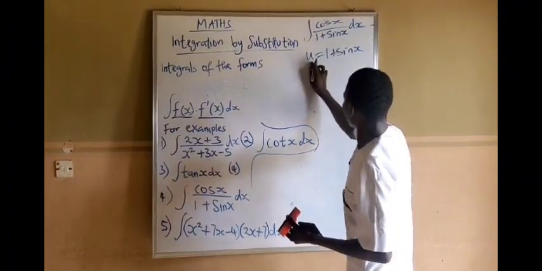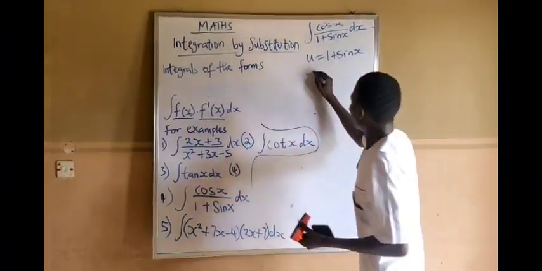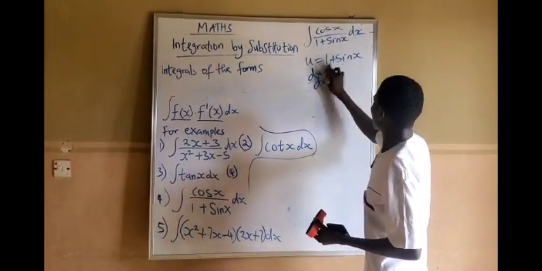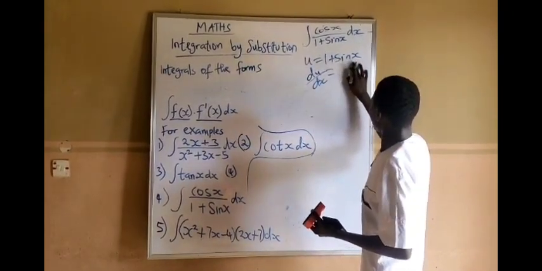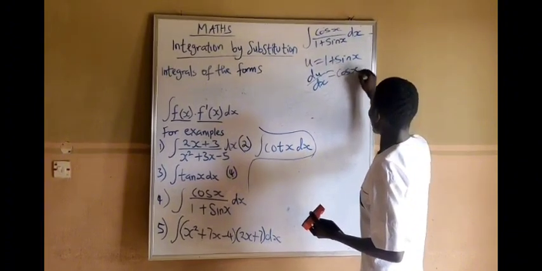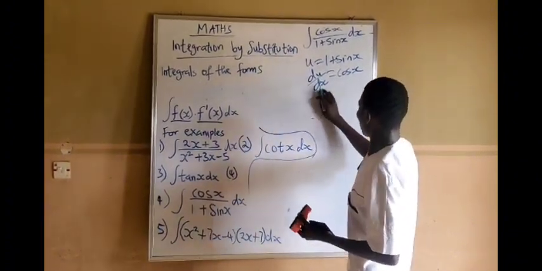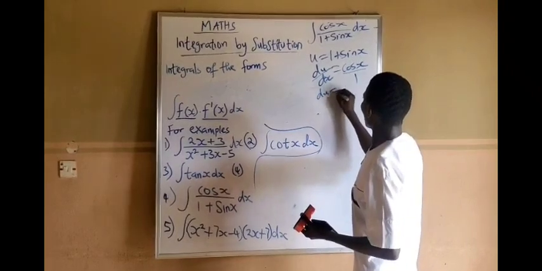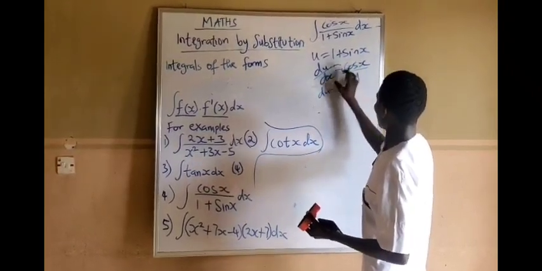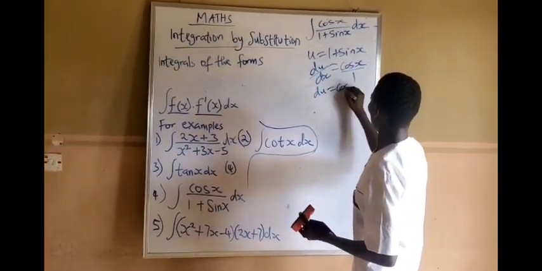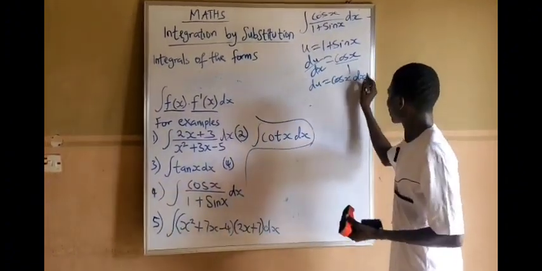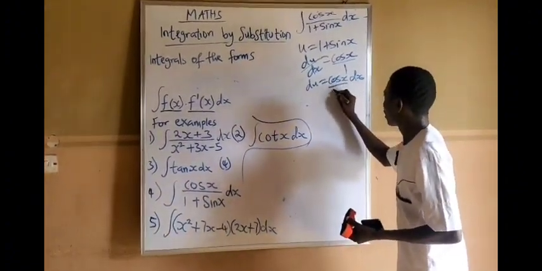If you differentiate u with respect to x, du over dx equals 0 plus cos x, since differentiating sine x gives you cos x. To make dx the subject, first cross multiply: du equals cos x dx. Then divide both sides by the coefficient of dx, which is cos x.